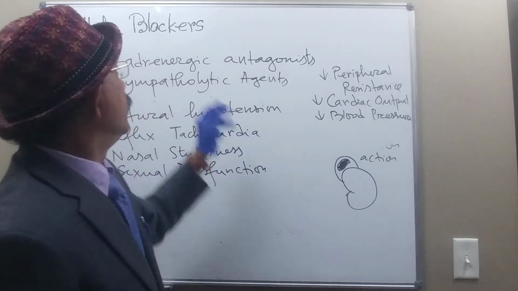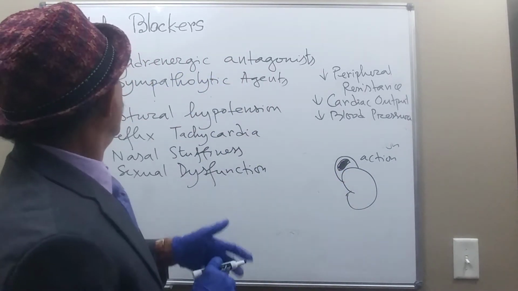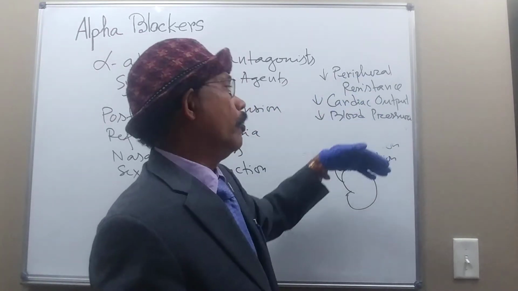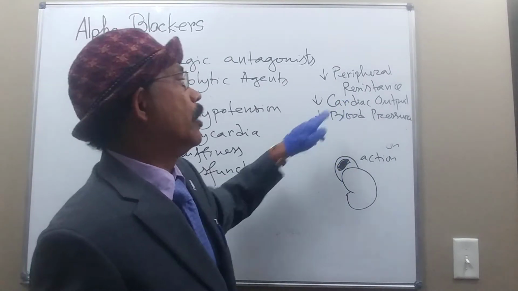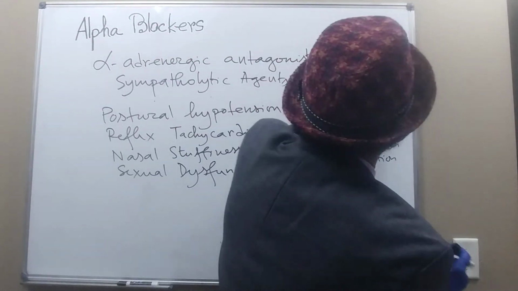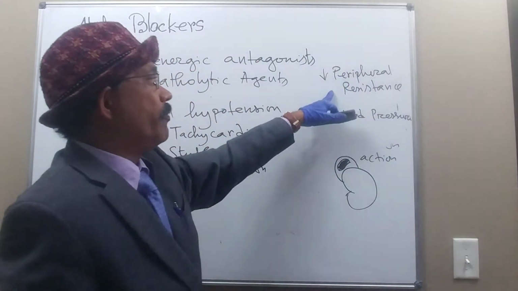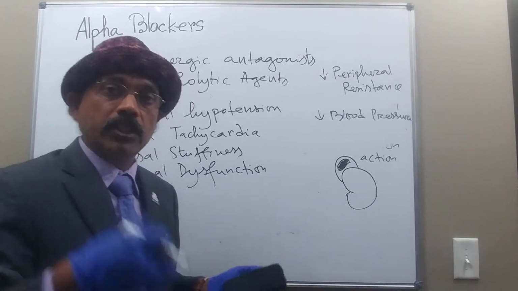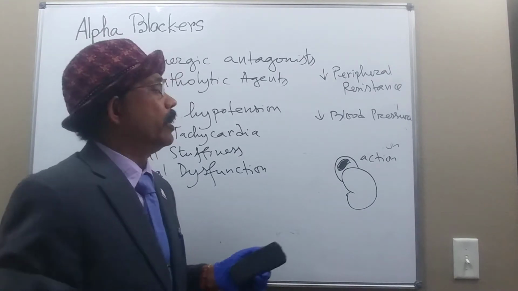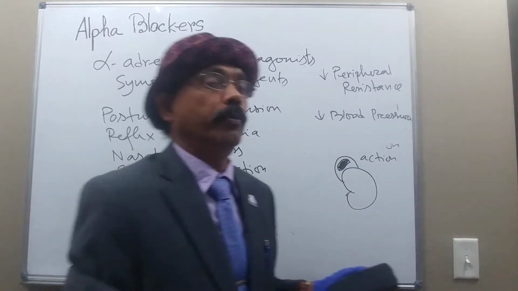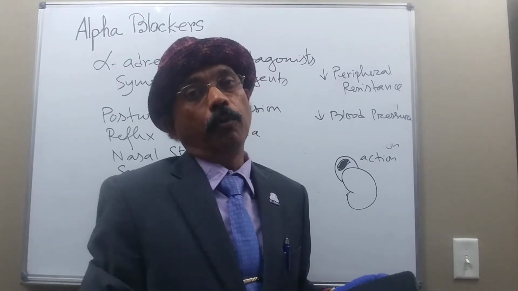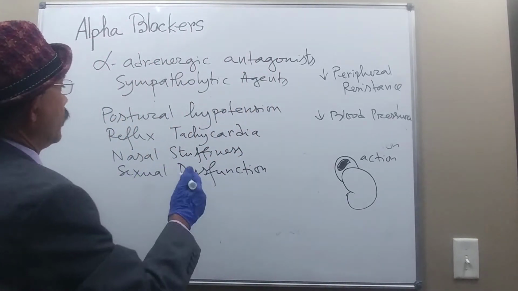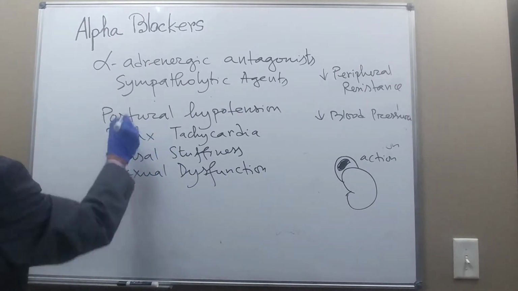Regarding cardiac output in the case of non-selective alpha-adrenergic antagonists, initially it decreases cardiac output, but due to the alpha-2 presynaptic receptor in the heart, if that is blocked, we may have an increase in cardiac output. So these are the adverse effects of this drug.